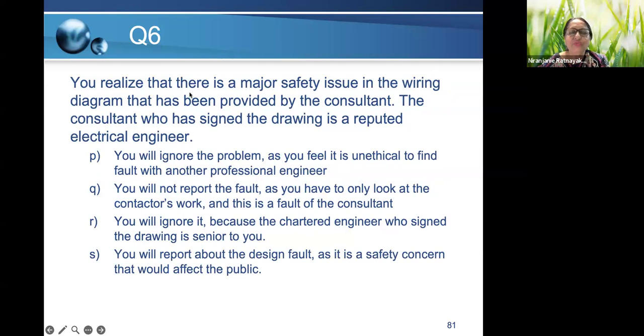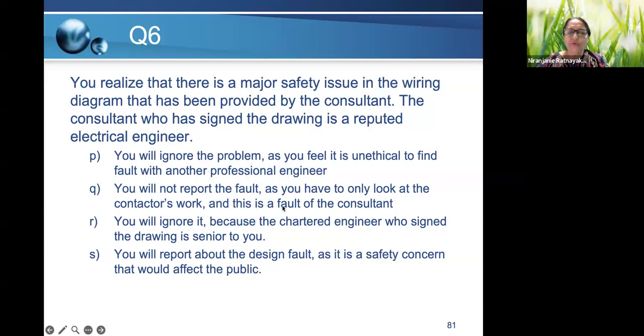Okay, the last one. You realize that there's a major safety issue in the wiring diagram that has been provided by the consultant. The consultant who has signed the drawing is a reputed electrical engineer. According to you, he has not done the work properly. You will ignore the problem as you feel it is unethical to find fault with another professional engineer.